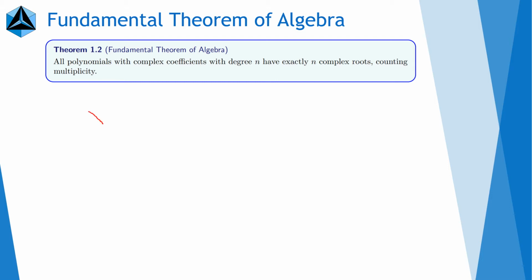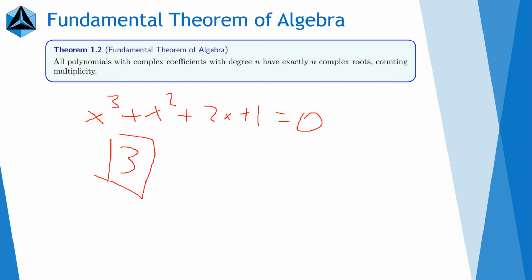If we have something like x cubed plus x squared plus 2x plus 1 equals 0, we already know by the fundamental theorem of algebra that there are exactly 3 values of x that work for this equation. They can be complex or real. We know this because it has degree 3, the highest power in the expression.